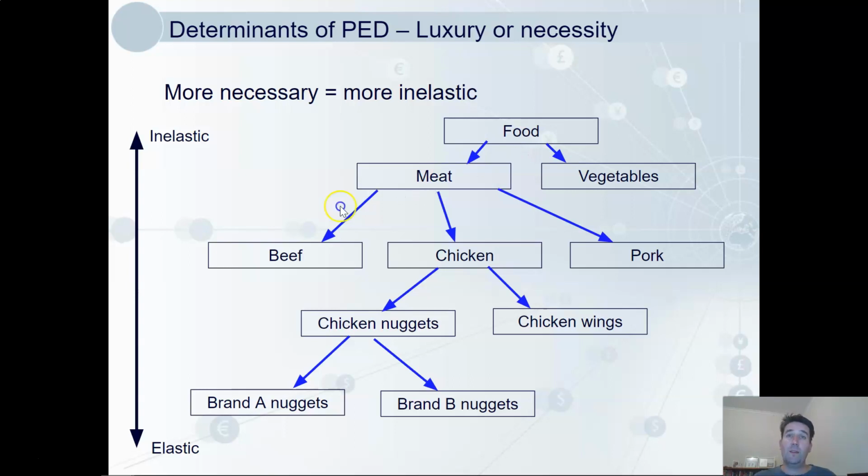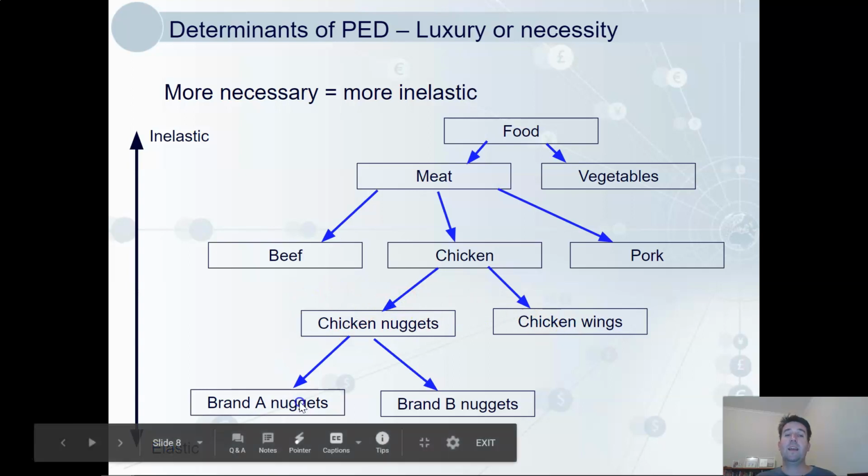The different types of meat, again, closer substitutes to each other than they are to, say, vegetables. So again, they're becoming more elastic. Different types of chicken, closer substitutes again, and different types of chicken nuggets are almost perfect substitutes. So demand is therefore very elastic.